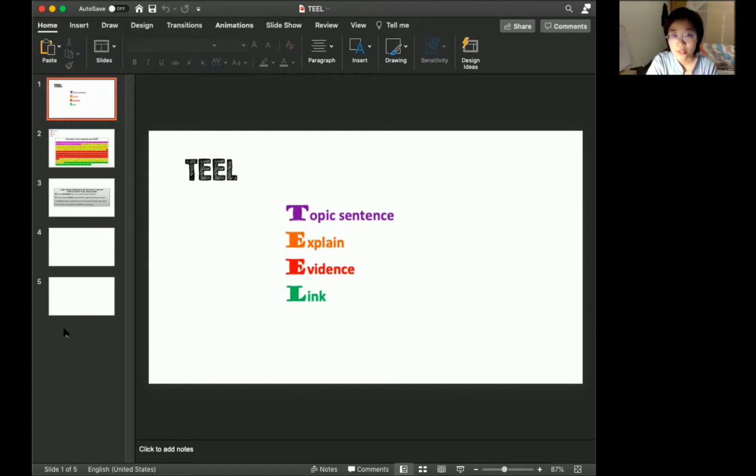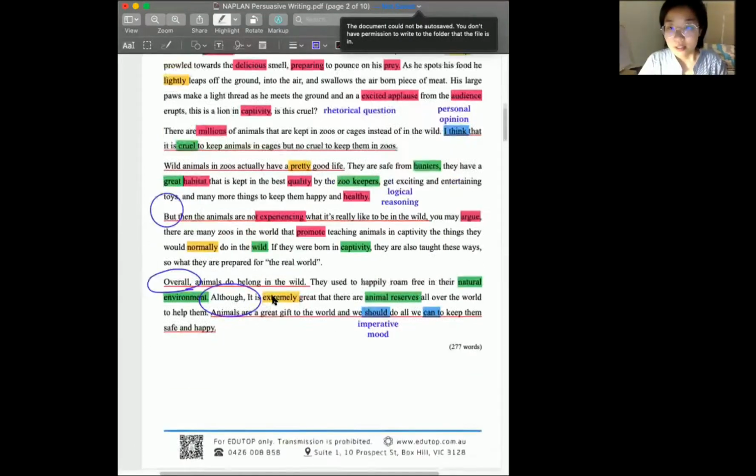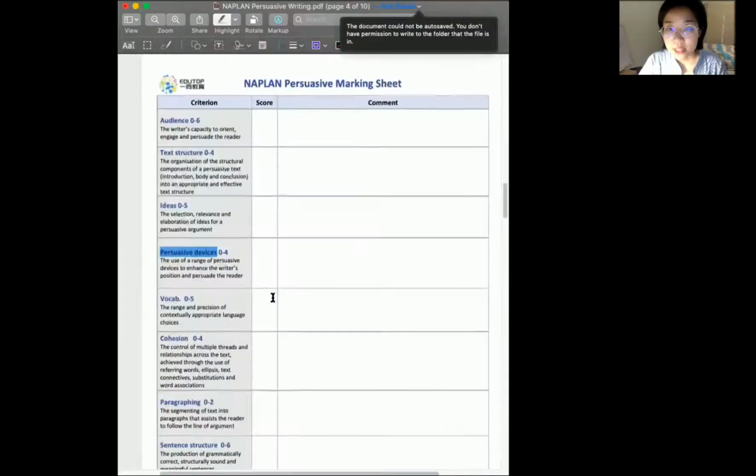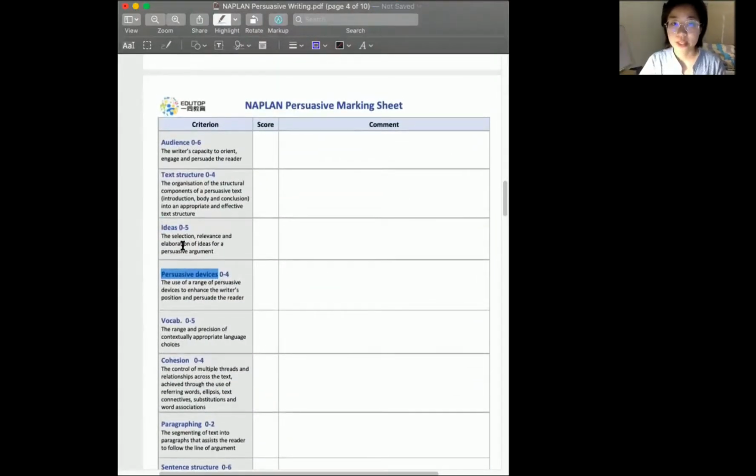Once you get the idea, I believe it's easier for you to write a very logical and reasonable argument with the TEAL structure. Just bear that in mind. All right, that will be the text structure. And then come to the ideas.